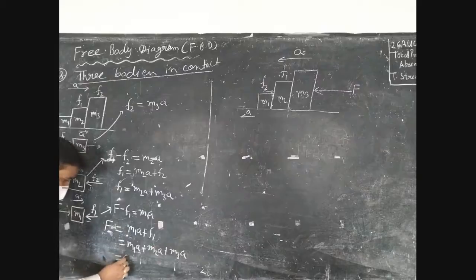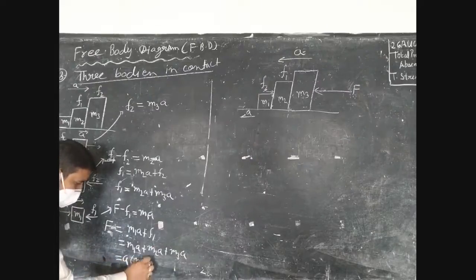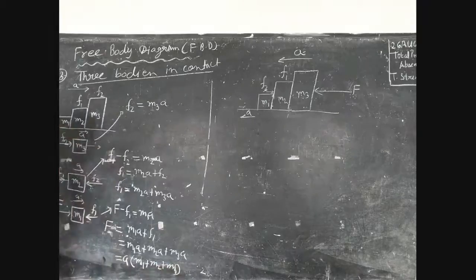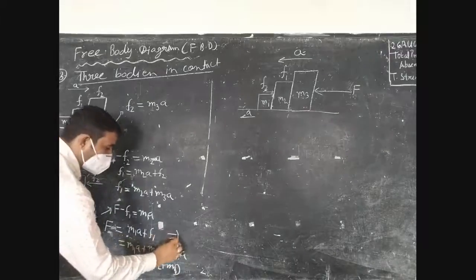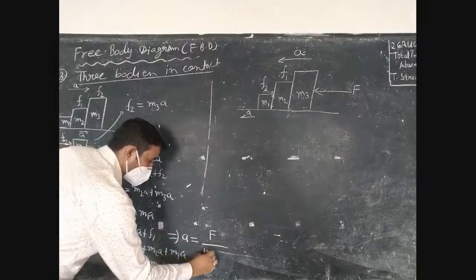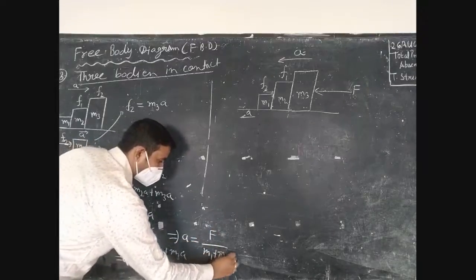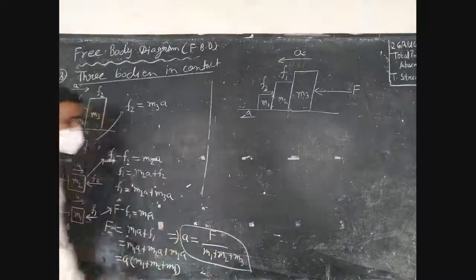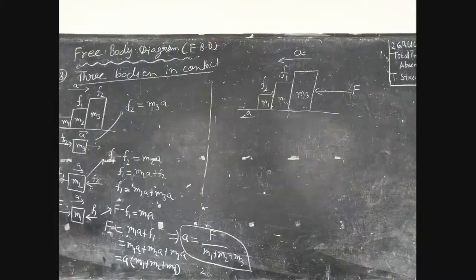Calculate from here acceleration, that is M1, M2, M3. So acceleration you will get from here that A is equal to F upon M1, M2, M3. This is acceleration gained by the block 1.